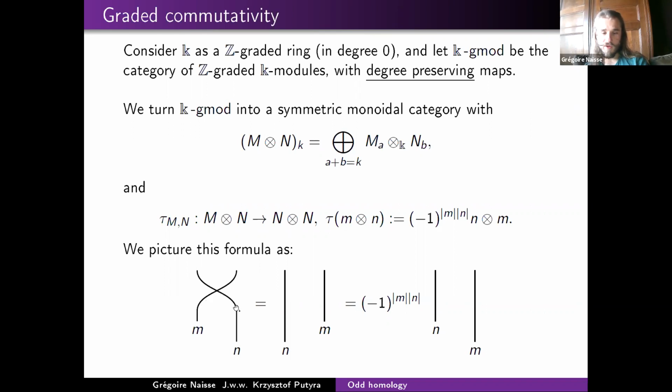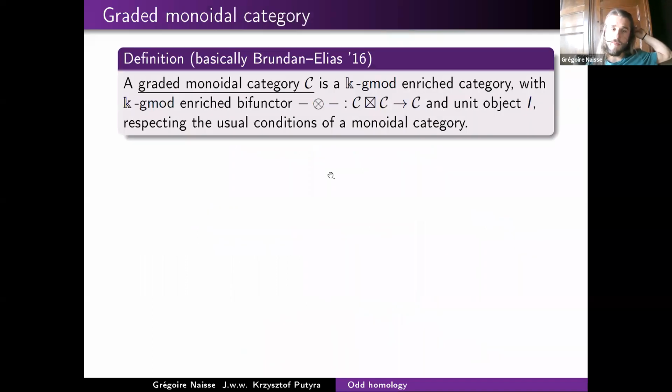And then you apply your twist, which is given by a crossing. You end up in this picture. But this is not the tensor product of n then m, but of n by m, because now n is below. So you need to pull it to the top. And now you are commuting distant stuff, and so by the graded commutative rule, you put a sign depending on the degree of your elements. And so this gives you a symmetric monoidal category.